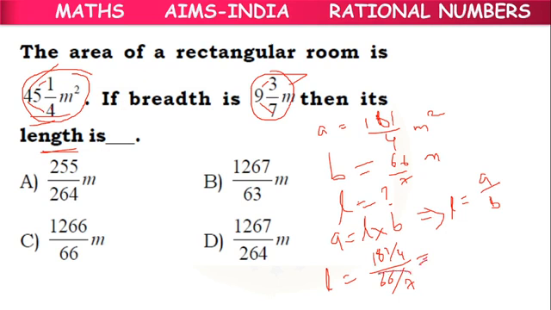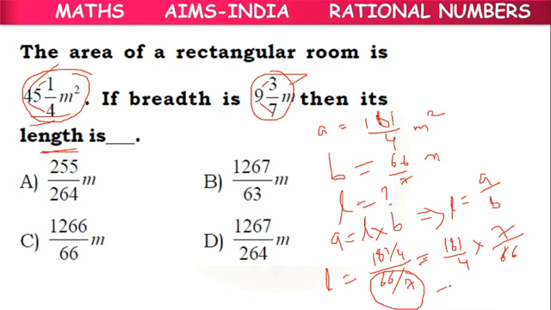In the denominator part, again I am having a fraction. So if I take it to the numerator part, what will happen? 181 by 4 will be like that only. The denominator part fraction, if it goes upside, will become its reciprocal, 7 by 66. So now, what is the answer here?